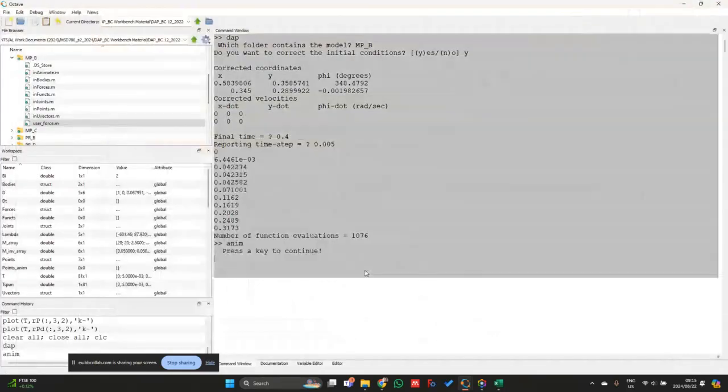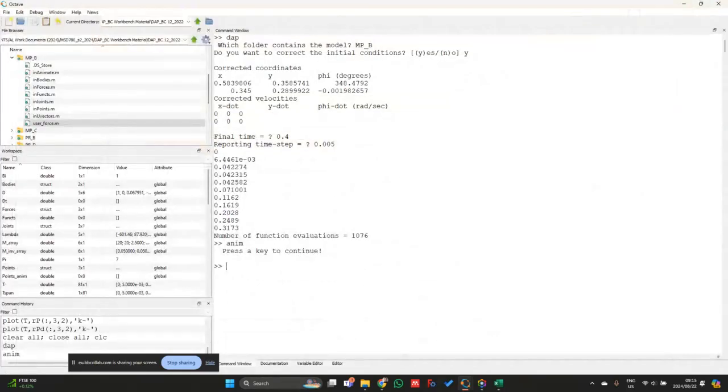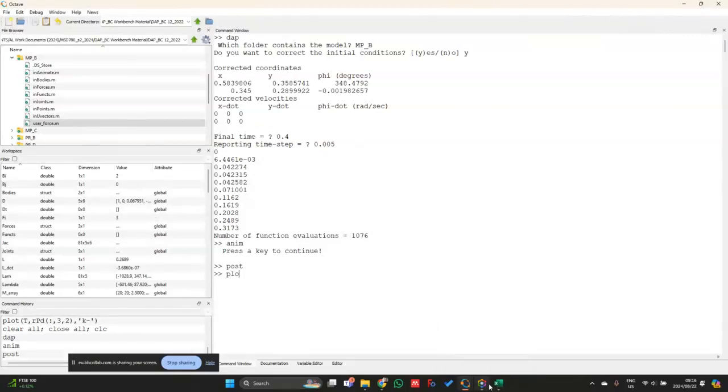Okay, so I'm just going to try and close this one. Right, and then if we plot for body 1 again, so I'm just going to say plot T R for all of the points on body 1 in the Y direction, and we can use a black line for that.